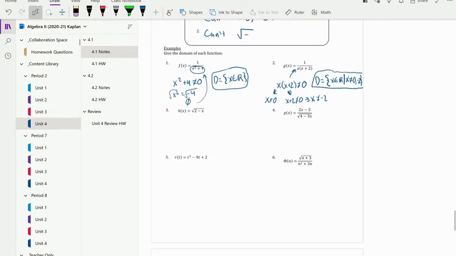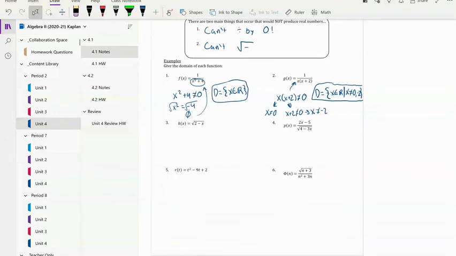All right, this is where we come into what we did last unit with solving inequalities, because we want to make sure that what's under our square root here is not negative. How do you say something's not negative? That means our 2 minus x has to be greater than or equal to 0. So you're going to subtract 2, so negative x is going to be greater than or equal to negative 2.